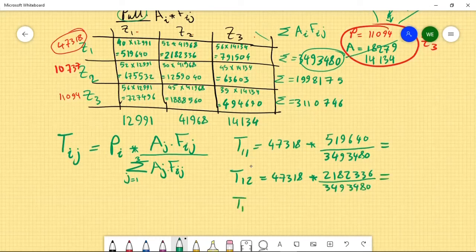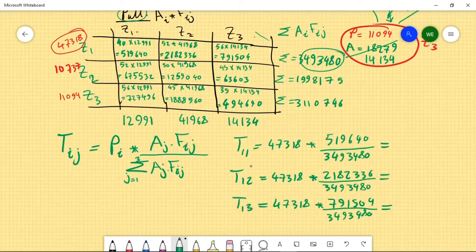Trips from 1 to 3 equals 47318 multiply by 779150 4 divided by 3493480 equals how much?